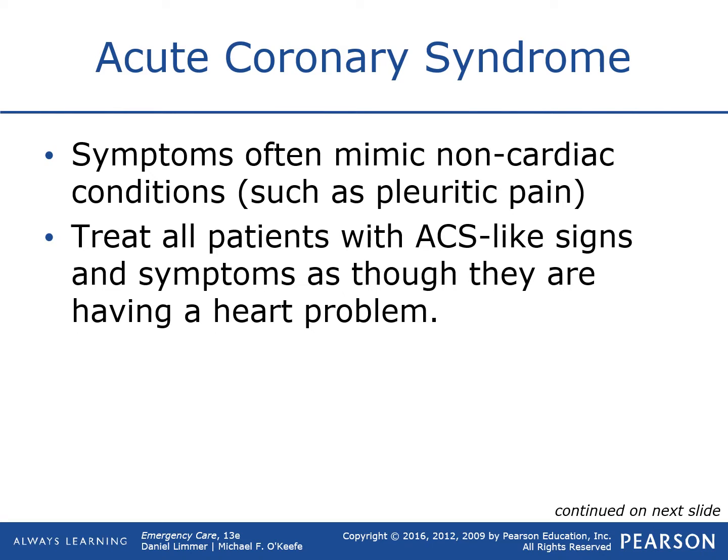So do realize that you are going to have other conditions that might mimic the symptoms of acute coronary syndrome. That's what makes our job very hard, and that's why we can't just give someone a clean bill of health, because we can't fully rule out whether it's a cardiac condition or something else causing these complaints. We can usually rule cardiac in, so we can say we're pretty sure that this is a cardiac event, but it's very hard to rule cardiac out if they're presenting with any of these symptoms that might be something else, such as pleuritic chest pain.